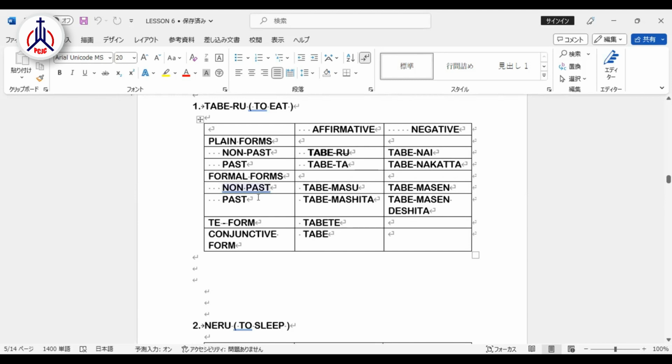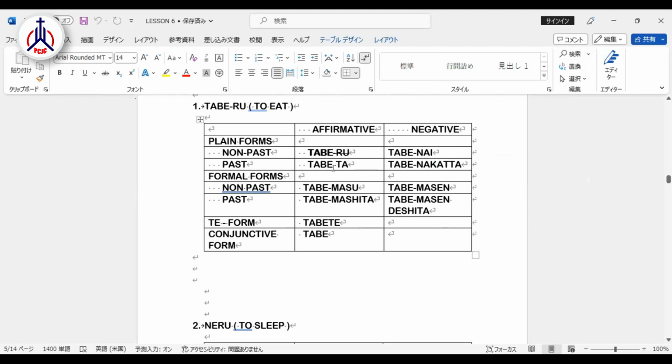And in the polite form, drop the ru, get the stem of your root word, which is tabe, and then add the polite word masu, so tabemasu, and then tabemasen in negative. In the past it is tabemashita, and then in the negative polite past, tabemasen deshita.